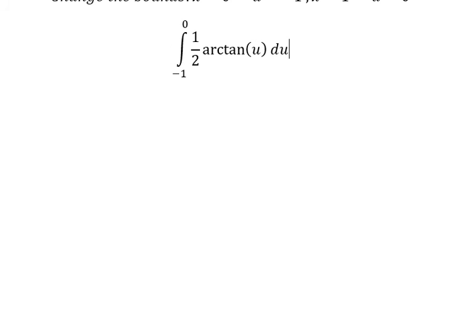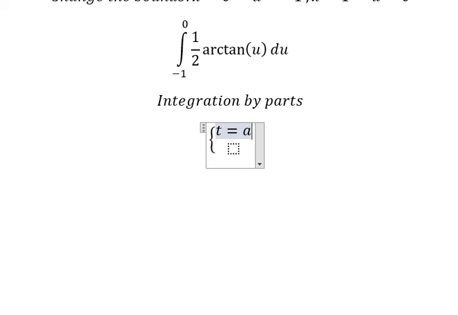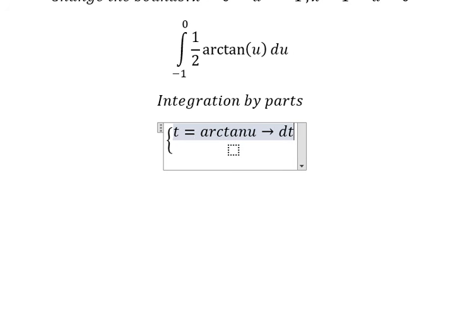Next, we need to use integration by parts. So I will put t equals arctan of u. Later we take the first derivative of both sides.